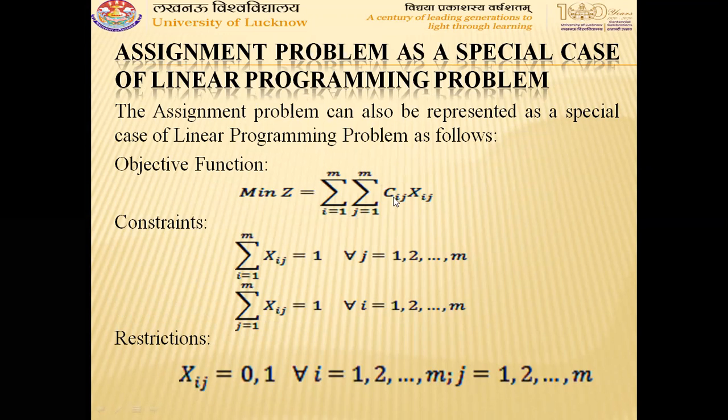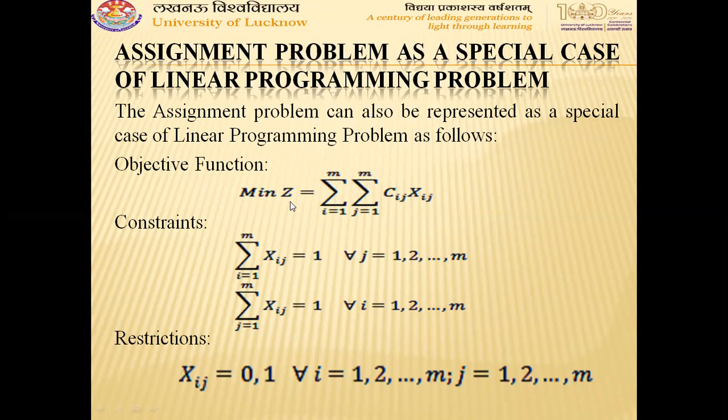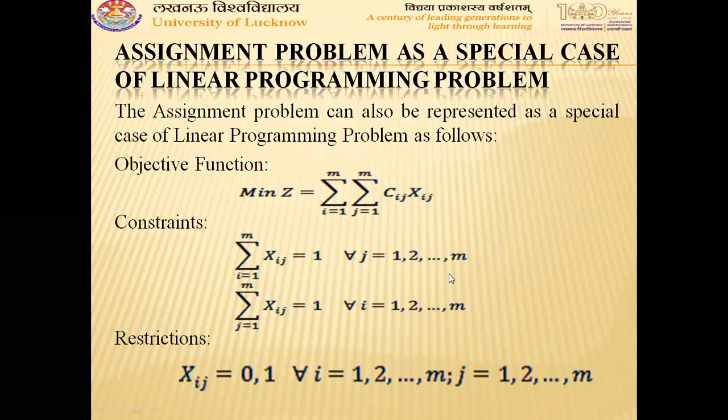As we are minimizing the cost, z will be minimum. Now the constraint can be written as summation i goes 1 to m, xij equals 1 for all j goes 1 to m.